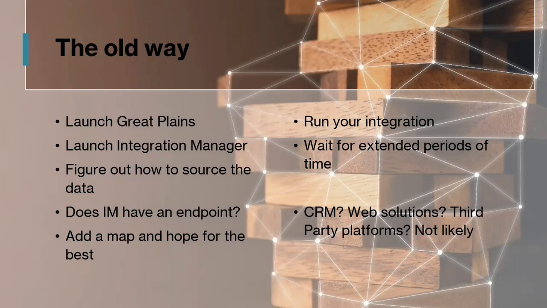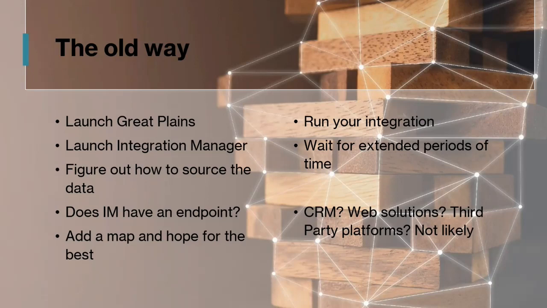You launch this tool called Integration Manager. You have to figure out how to collect your data, whether it's getting it from a file, usually a text file, hopefully a CSV file, because if it's not a CSV file, you end up chasing your tail for a good bit. If that needs to connect to something in Great Plains, you have to get SQL involved and try and marry that data together.